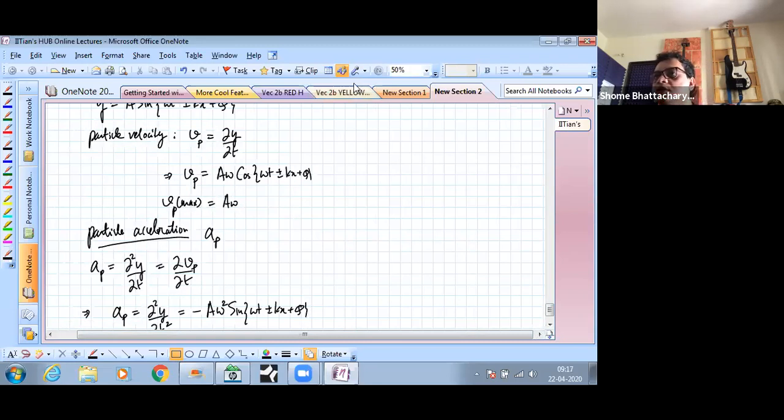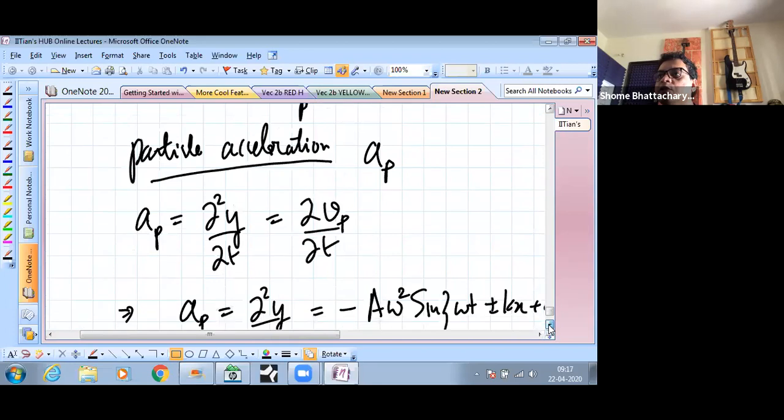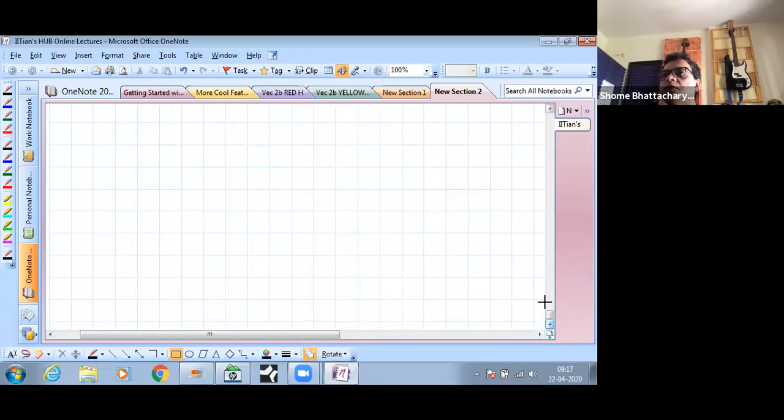Okay, so based on all this, now we are ready to move on towards superposition of waves. But before that, we'll also see a slightly trickier type of question. Why I'm saying trickier is that now, instead of information given to you directly, what is given to us is a graph. And that graph is a snapshot picture. And we have to determine a lot of things about the wave using that snapshot picture.